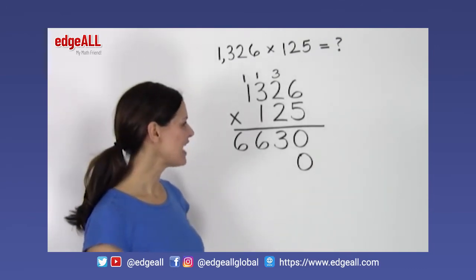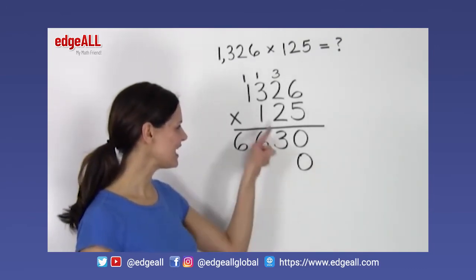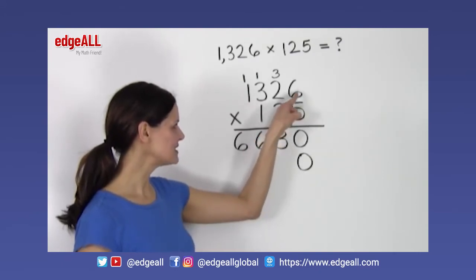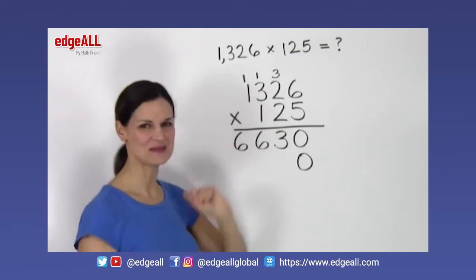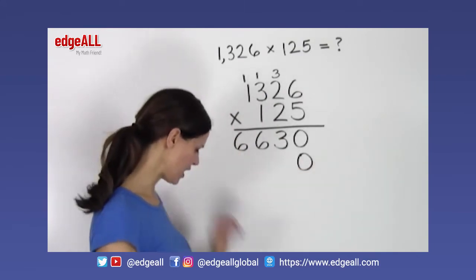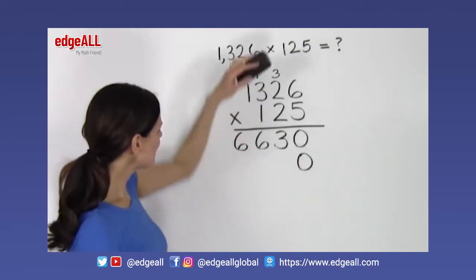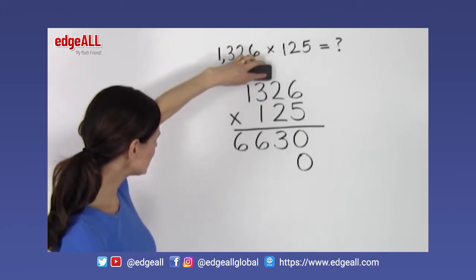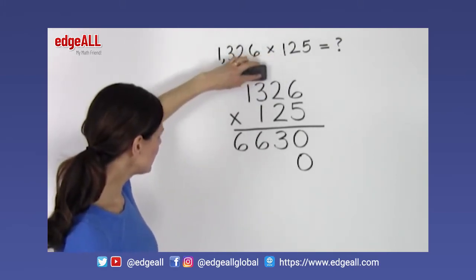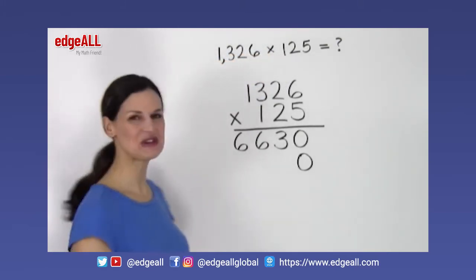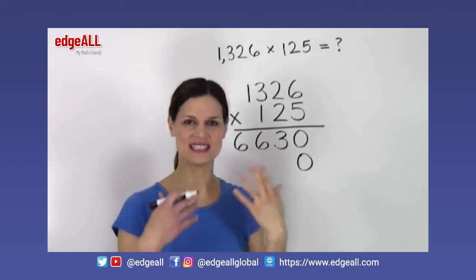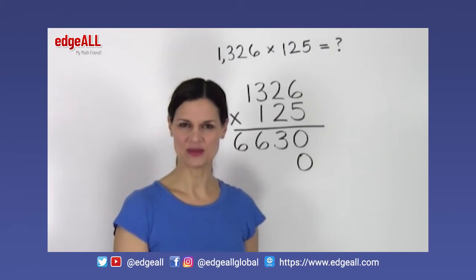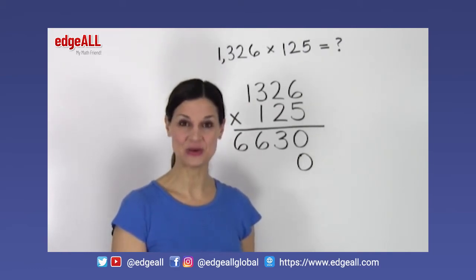Let's get to work then on multiplying this 2 times 6, 2 times 2, and 2 times 1 for our next row of product. I'm going to erase my little regroup carry numbers because they're going to be different for this next set of multiplication that I'm going to be doing with my 2.